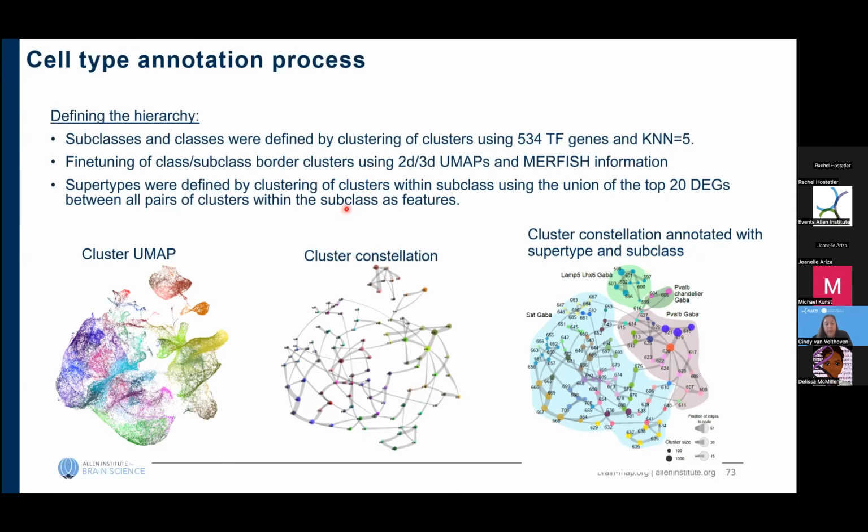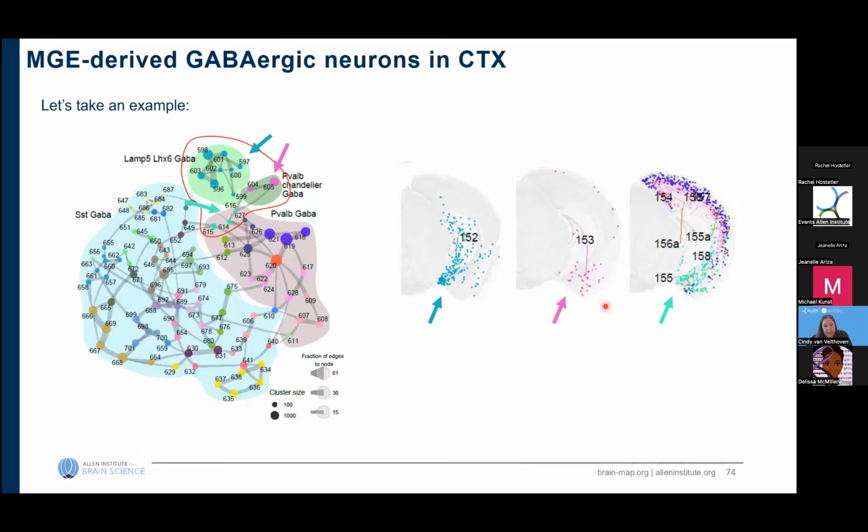And then when we define the hierarchy, we can draw these different bubbles on top. But sometimes when we do this kind of clustering of clusters, there are areas that are a little bit inconclusive. So for example, this type specifically in the mint green color was split across three different larger classes or subclasses, which are the bubbles behind it.